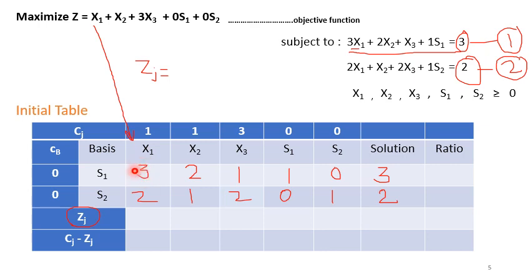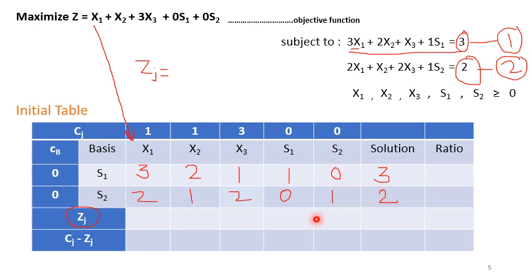You read this as an equation. Just see the first equation: 3x1 plus 2x2 plus 1x3 plus 1s1 plus 0s2 is equal to 3. Similarly, 2x1 plus 1x2 plus 2x3 plus 0s1 plus 1s2 is equal to 2. That is the second constraint.